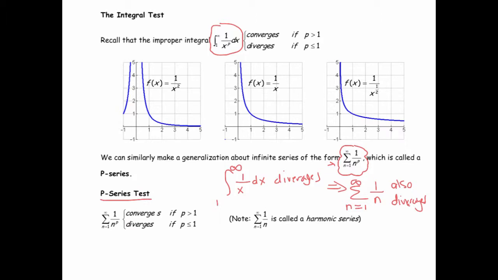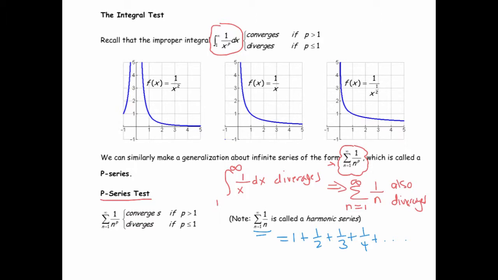One way to see this visually, just while we have the pictures up here, if you think about what this is right here, plugging numbers in, that's 1 plus a half, plus a third, plus a fourth, right? We can represent those as areas of rectangles.